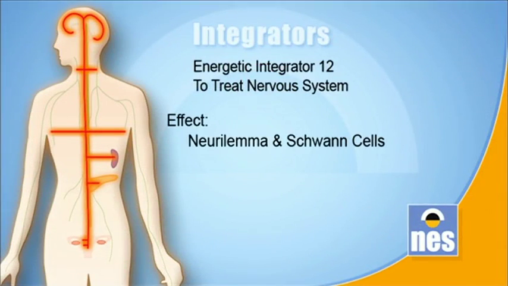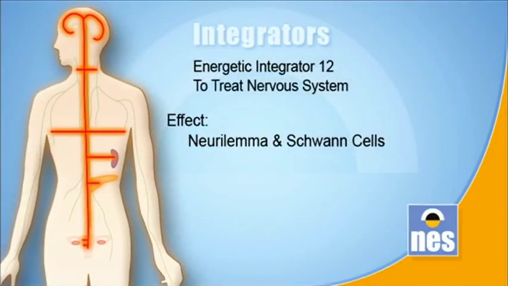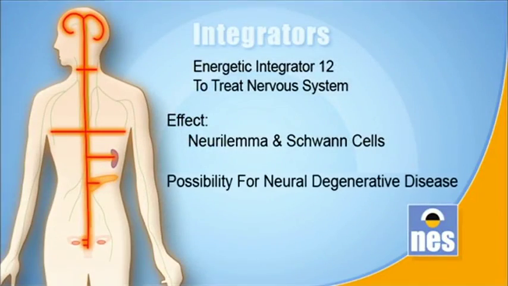This is the coating of the axons of the nervous system, which when it goes wrong, you get poor conduction of nervous messages and get MS. So we think for neural degenerative diseases like Parkinson's and MS, that Integrator 12 might be important. We say might, we don't have any clinical data, but we're saying go for it and tell us what happens. We'd be the most interested people if you could get some data on that.